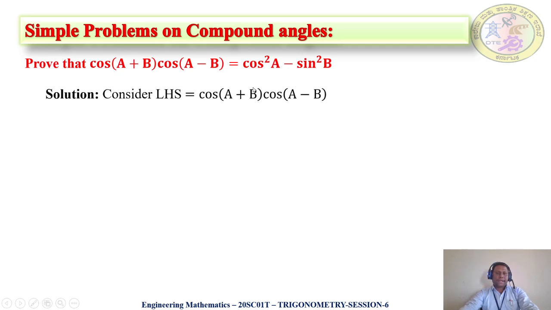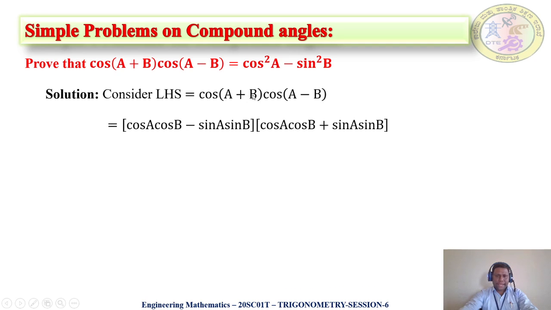So consider LHS is equal to cos of A plus B into cos of A minus B. Then we know that the cos of A plus B formula is cos A cos B minus sin A sin B, and the cos of A minus B formula is cos A cos B plus sin A sin B. We have written these two formulas. And you can observe this is of the form (A plus B) into (A minus B).